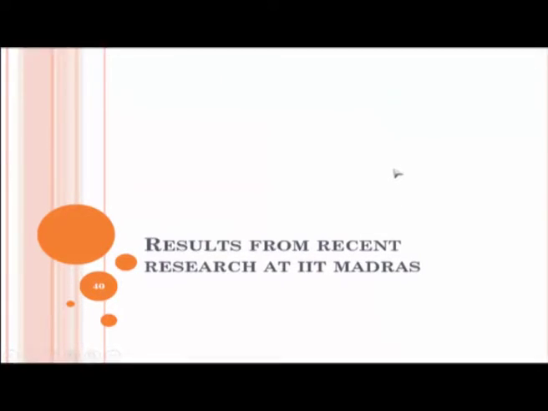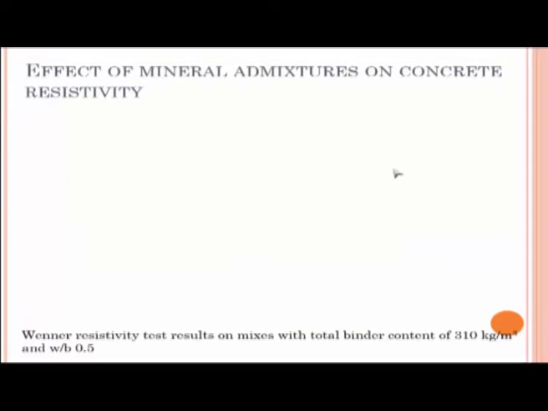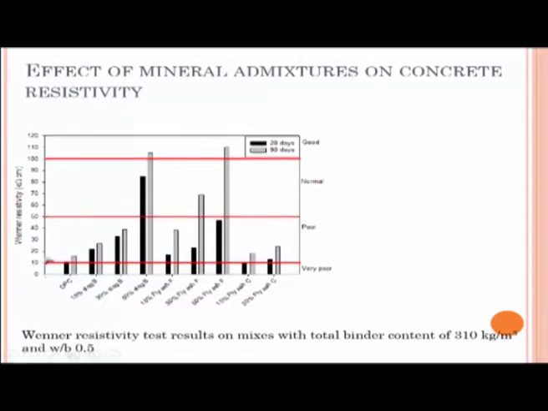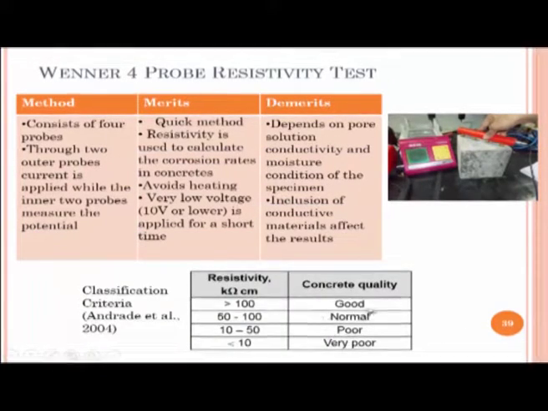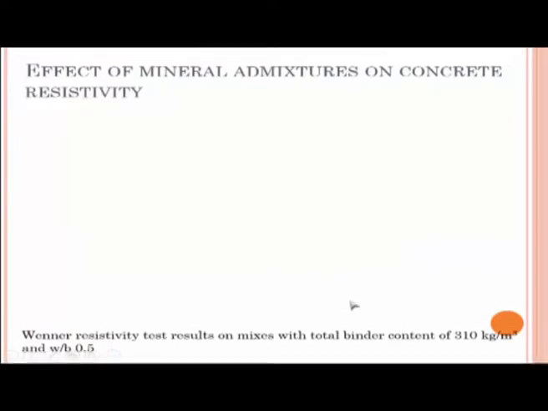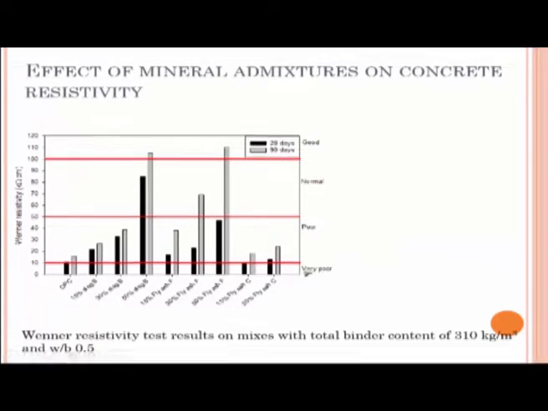Okay, I'll just quickly wind up with some results from IIT Madras for all these different types of tests so that you get an idea. So I have given you some examples here of effect of mineral admixtures like fly ash and slag on concrete resistivity. So here you see again the lines pertain to the classification of the concrete, like this classification that I talked about here, the same lines are being used here. So this is very poor, poor, normal and good.